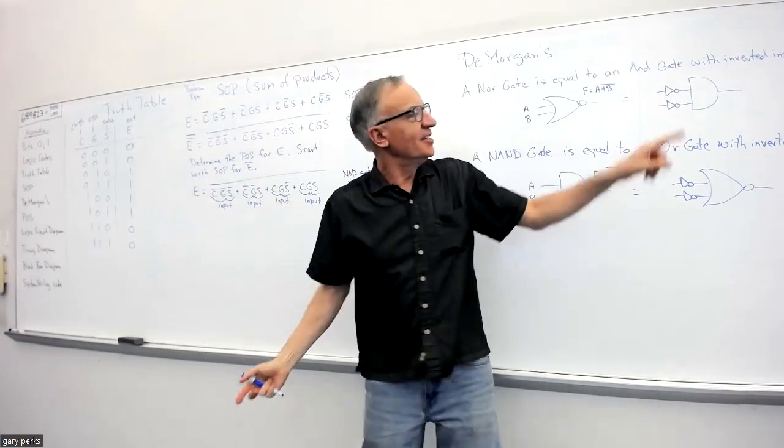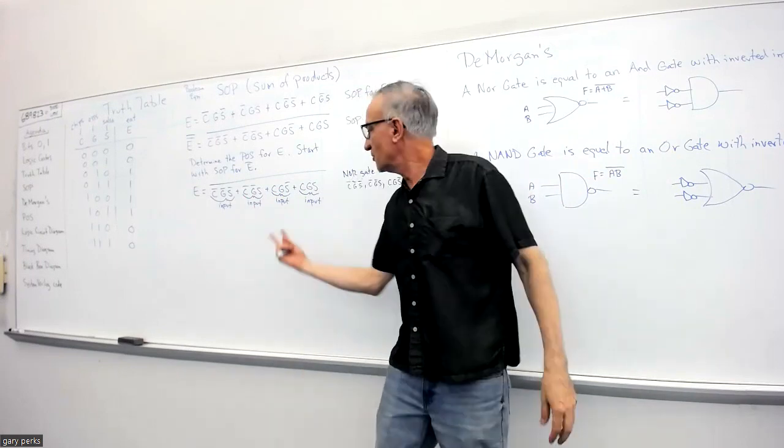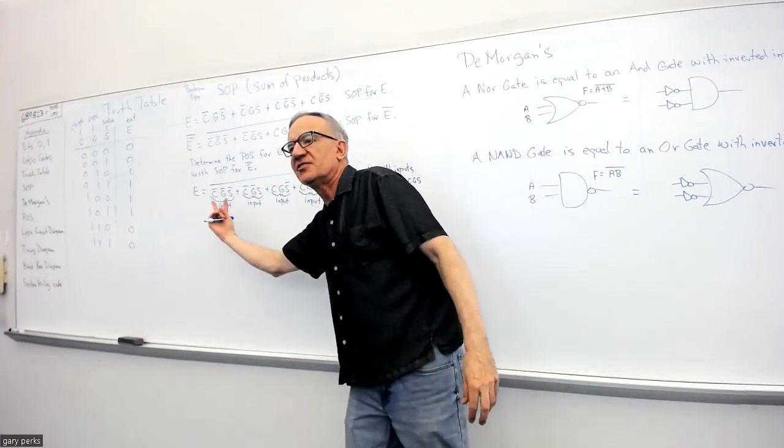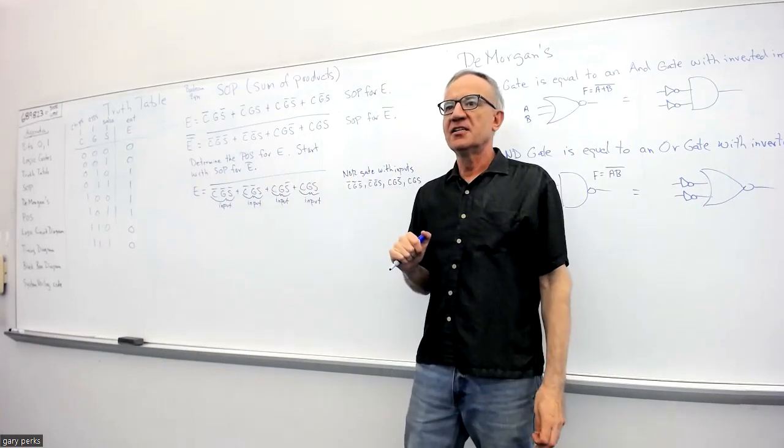The only difference is, this expression here just has single inputs, but these inputs are combinations, but it's still a NOR gate expression.